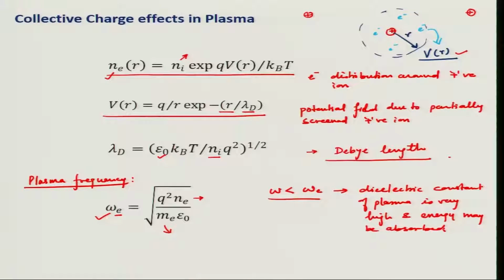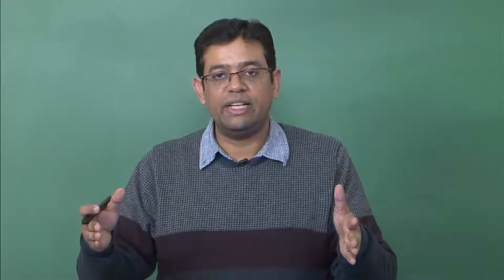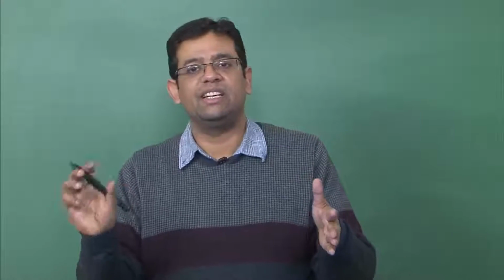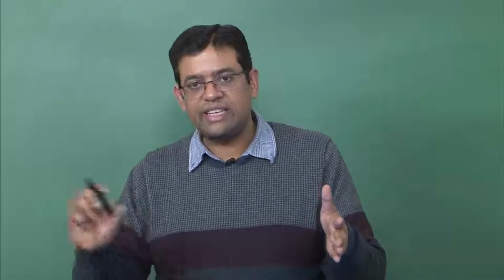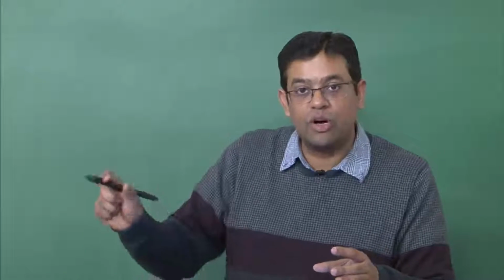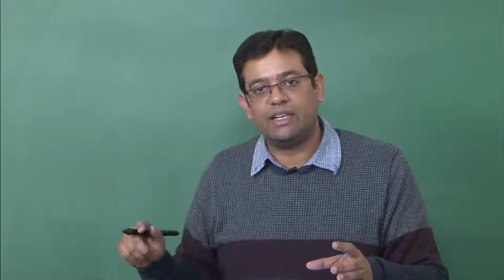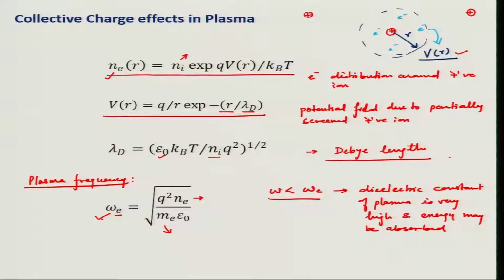Suppose I have created a plasma with a DC voltage, and on top of this DC voltage I apply a small AC signal. The AC signal is a fluctuation in voltage. How fast my plasma will respond to that change in voltage will depend on the frequency of that AC signal. If the AC signal frequency is less than the plasma frequency, meaning a slow fluctuating signal, then the plasma will respond to it.